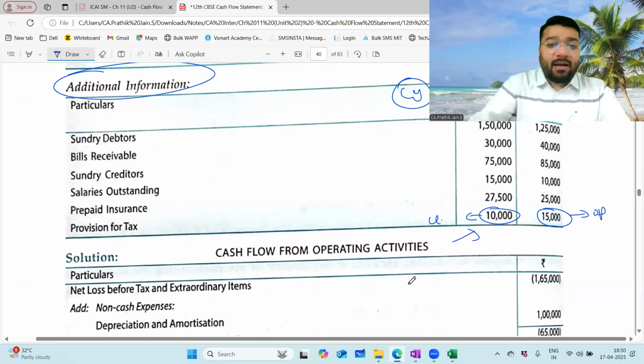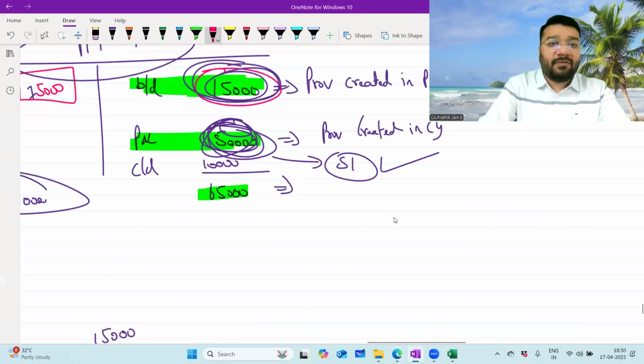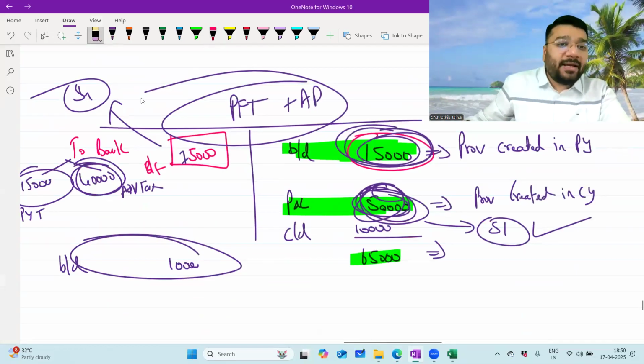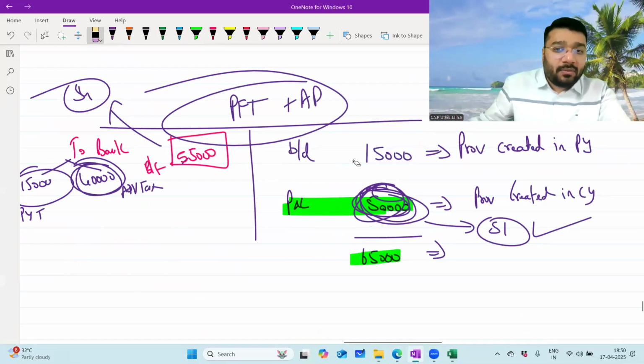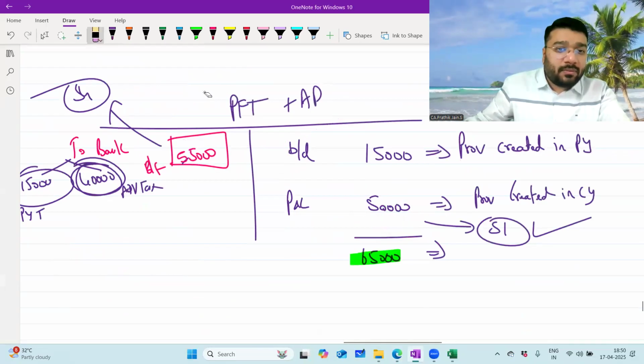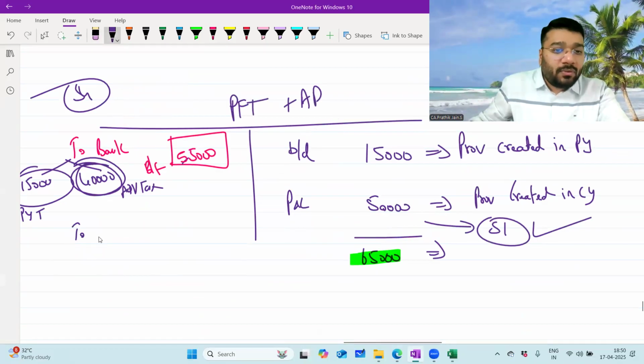Any doubts? So if I come back to our question, how much is paid here? 55,000 is paid. What is the closing balance? 10,000. Balance carried down 10,000.